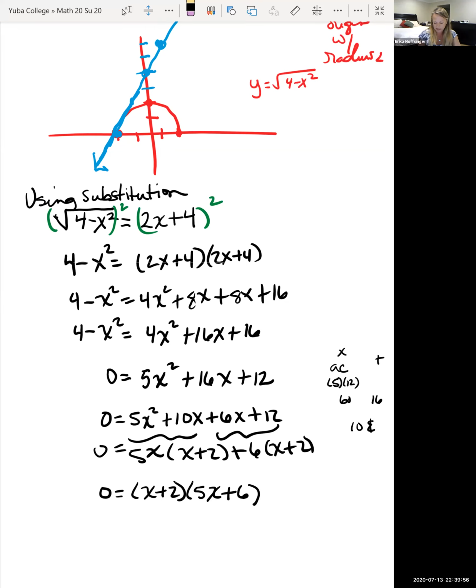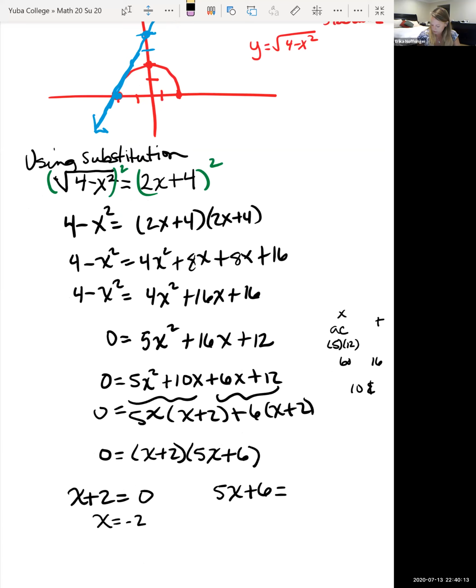So we're looking at when x plus 2 equals 0, which is x equals negative 2. And when is 5x plus 6 equal to 0? This is negative 6/5.